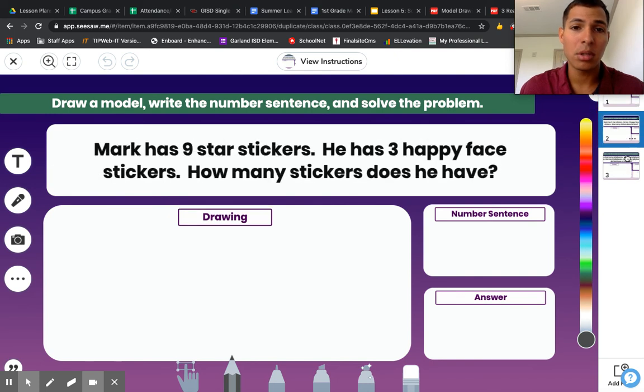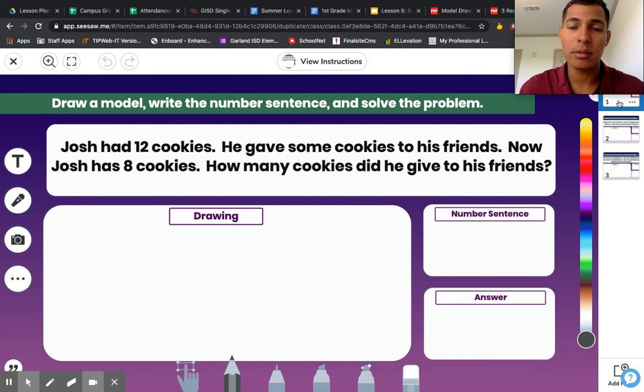We will do one together right now. Let me show you. Josh had 12 cookies. He gives cookies to his friends. Now Josh has 8 cookies. How many cookies did he give to his friends? How many cookies did Josh start with? Step 1, 12, right? You can draw however you want.